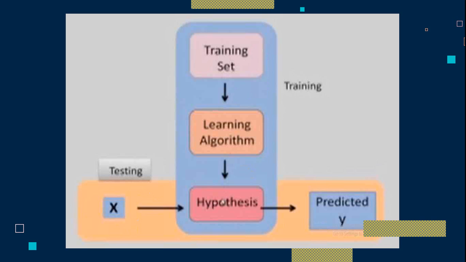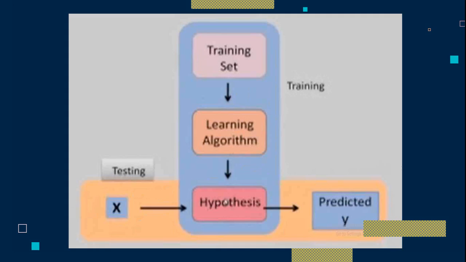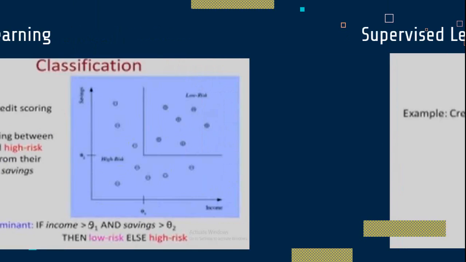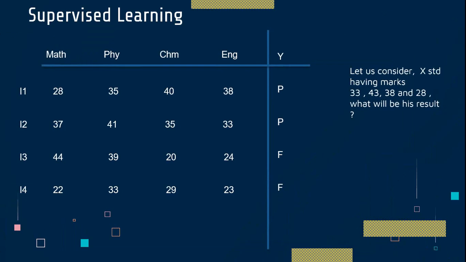This is a diagrammatic representation of a machine learning algorithm. You give the testing data and you get the predicted data based on your hypothesis. So you must have one hypothesis. In our previous example, I took one hypothesis: if the student has a mark less than 28, he comes under the fail category.